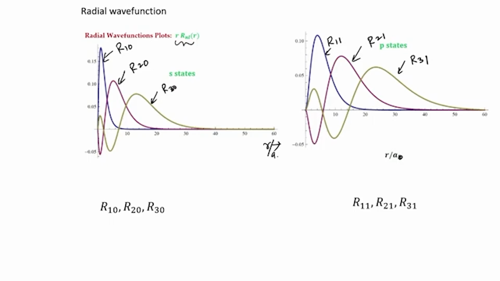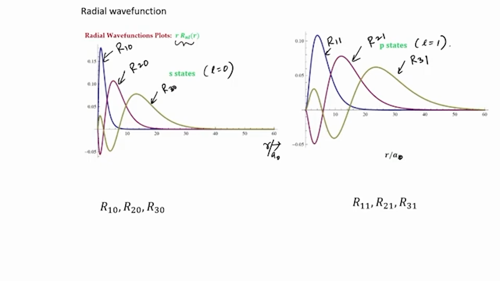So, it is R over A0 and so on. Okay, so, S and P states, so S states correspond to L equal to 0, okay, and these P states correspond to L equal to 1. So, the S and P states are shown.